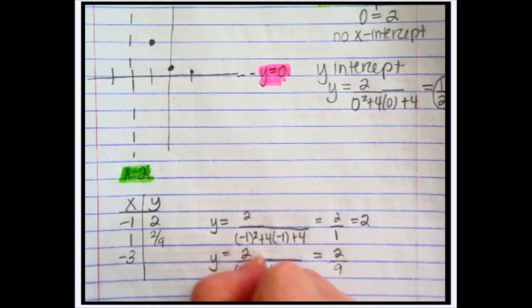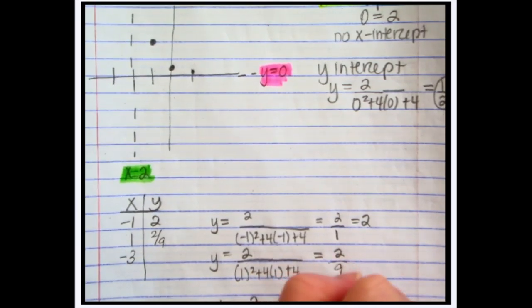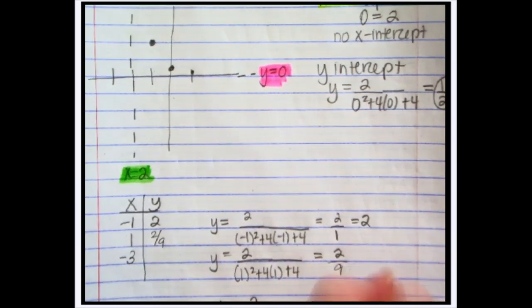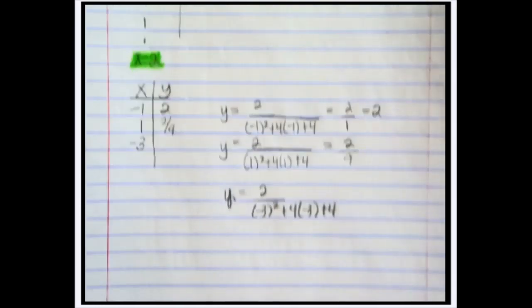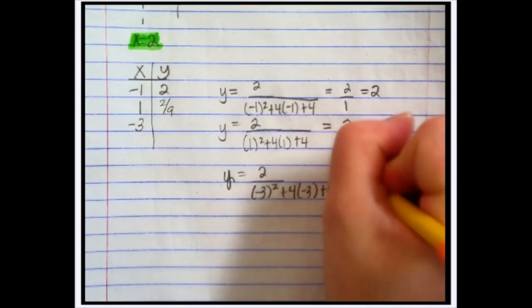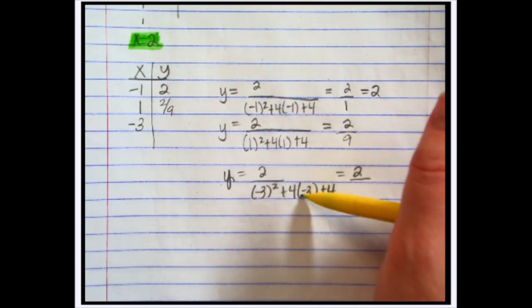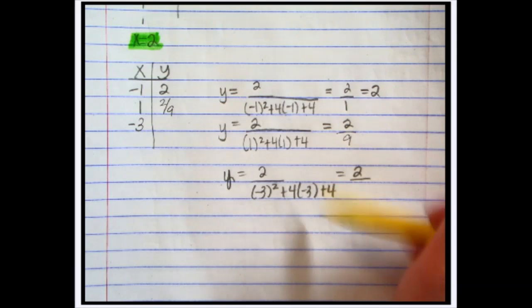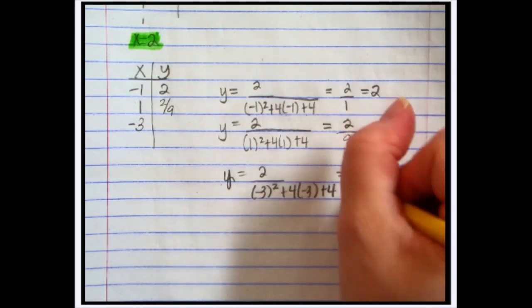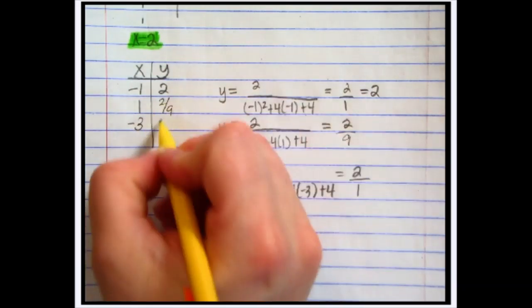So y equals 2 over -3 squared plus 4 times -3 plus 4. So we get 2 over 9 minus 12 is -3, and -3 plus 4 is 1, so I get 2 at -3.